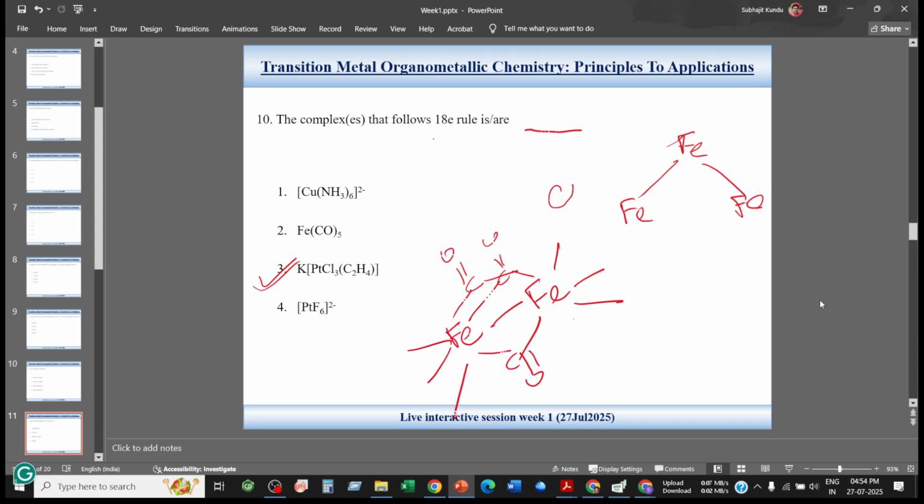That is also coming to 16. That means platinum is an 8 electron metal: 8 plus 6 is 14 plus 2 is 16. So only option 2 is the correct answer.